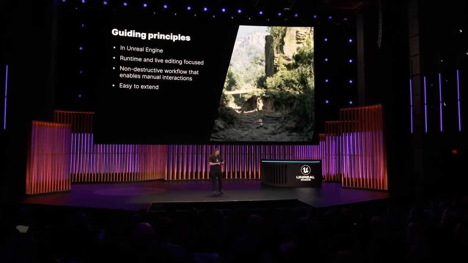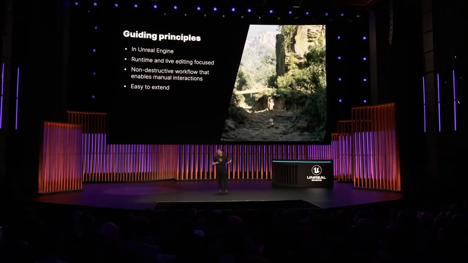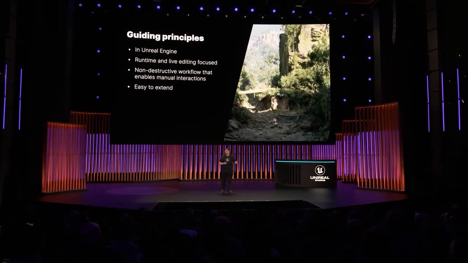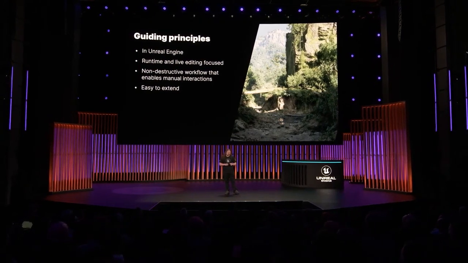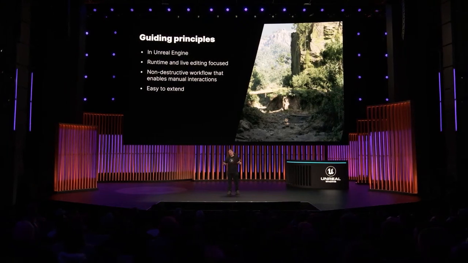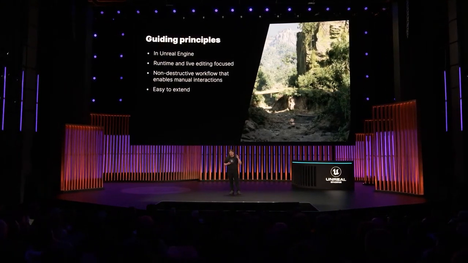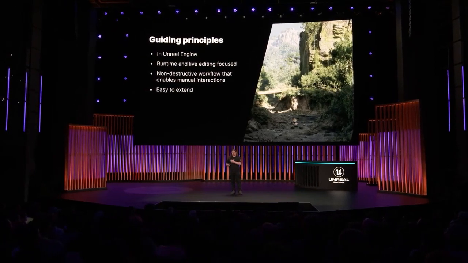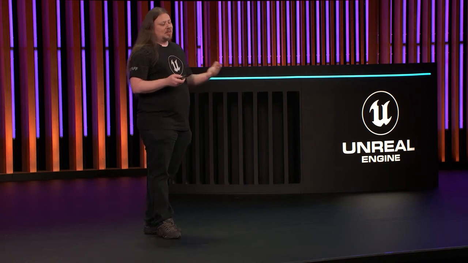Runtime and live editing focus, so you can use procedural content in your games at runtime, or at least have a very good iteration speed in the editor. Because it's procedural and deterministic, you're going to have non-destructive workflows, and you're going to be able to do manual interactions, as you've seen in the demo. And finally, it's a framework, right? So it needs to be easy to extend. And we'll dive a bit more into that later.